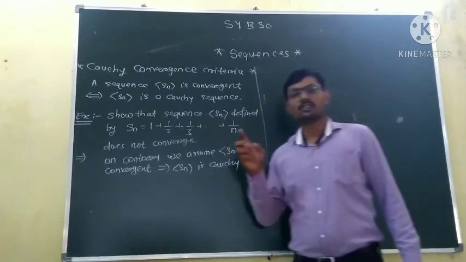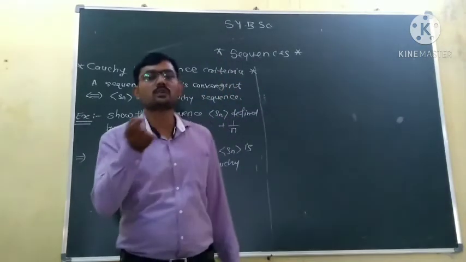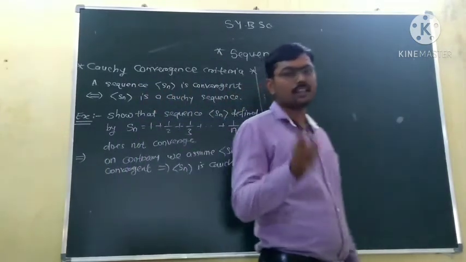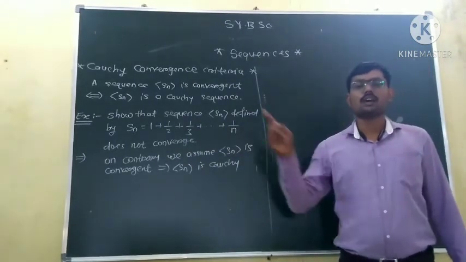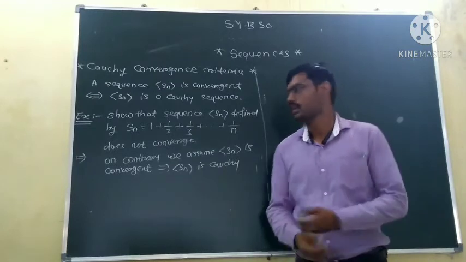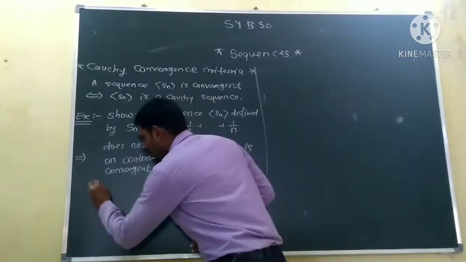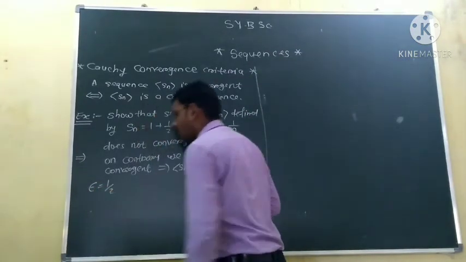So by the definition of Cauchy sequence, for any epsilon greater than 0, we can find a natural number such that the difference between any two terms is less than epsilon after that natural number. So we will take epsilon equal to 1 by 2.